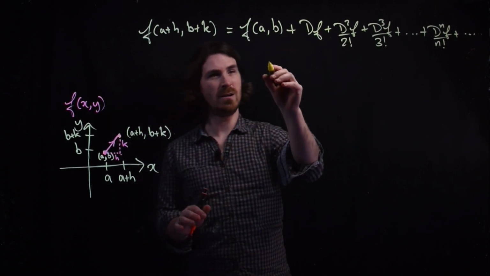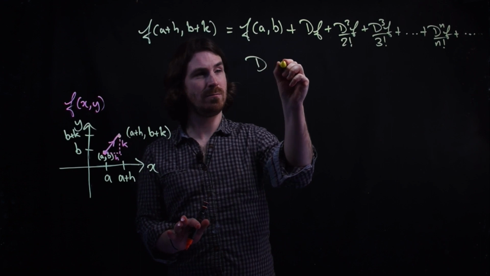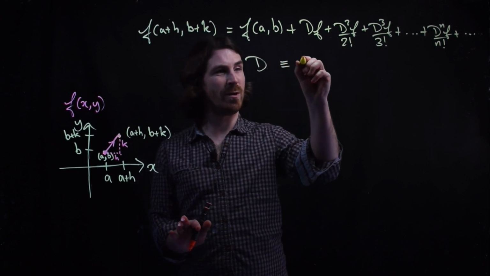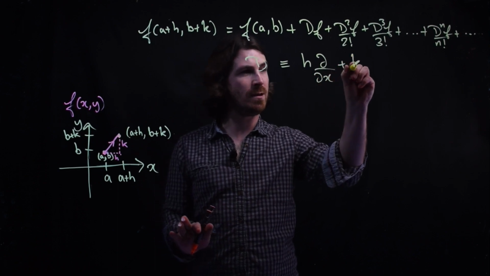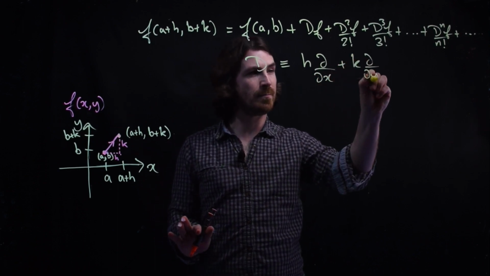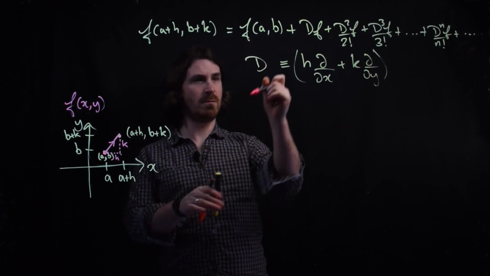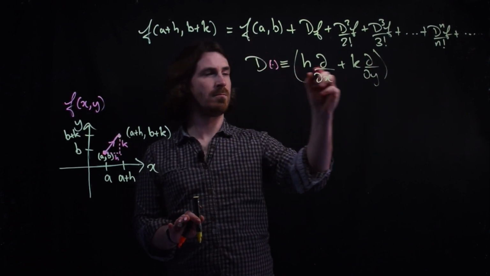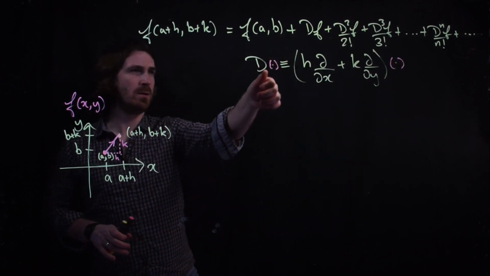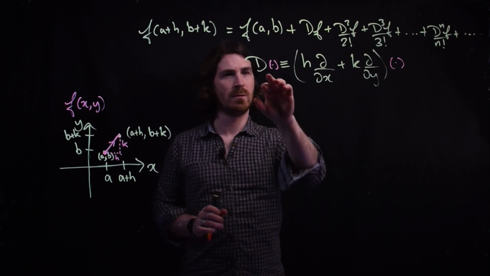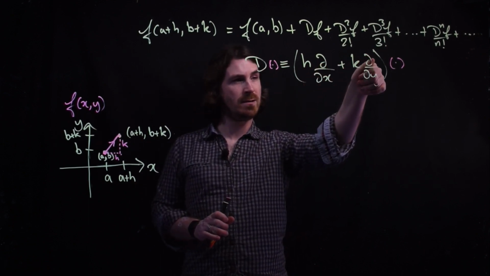And here d is a differential operator, given by h d by dx plus k d by dy. It acts on something, just a dot in a bracket. So here it's acting on f. d f is h df by dx plus k df by dy.